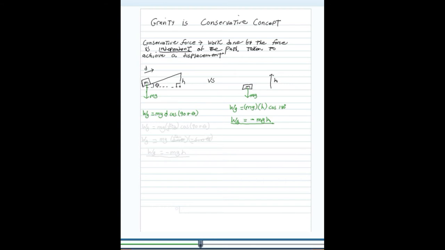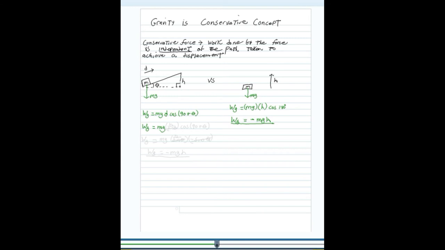Okay, now we can make a comparison of these two. I don't want to look at this left side in terms of d. I want to look at it in terms of h. So let's think about this for a minute. The work done by gravity would be mg. Now, look at d in your picture. It's the hypotenuse of this triangle. The opposite side of that triangle is h.